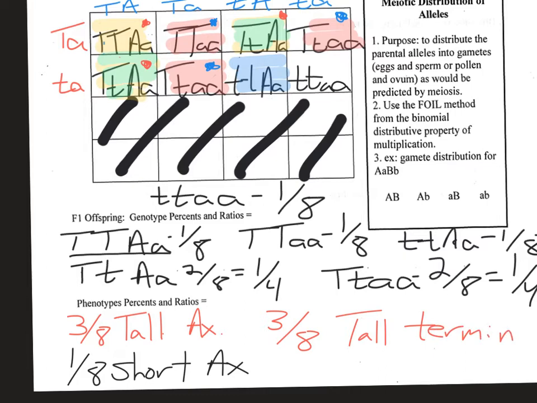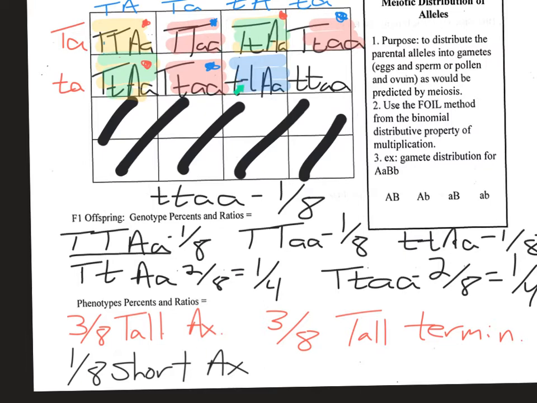You don't know? Terminal is little a, little a. Axillary is big A. So 3 out of 8 are axillary, big A, and tall. 1, 2, 3. 3 of these are tall and terminal. Little a is terminal, so 1, 2, 3. 1 out of 8 is short and axillary.